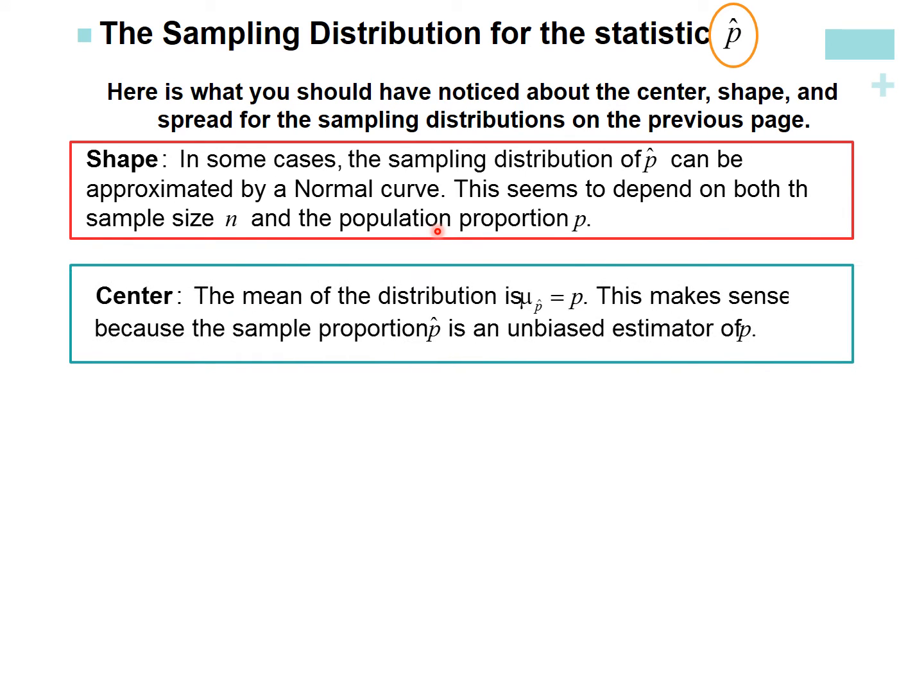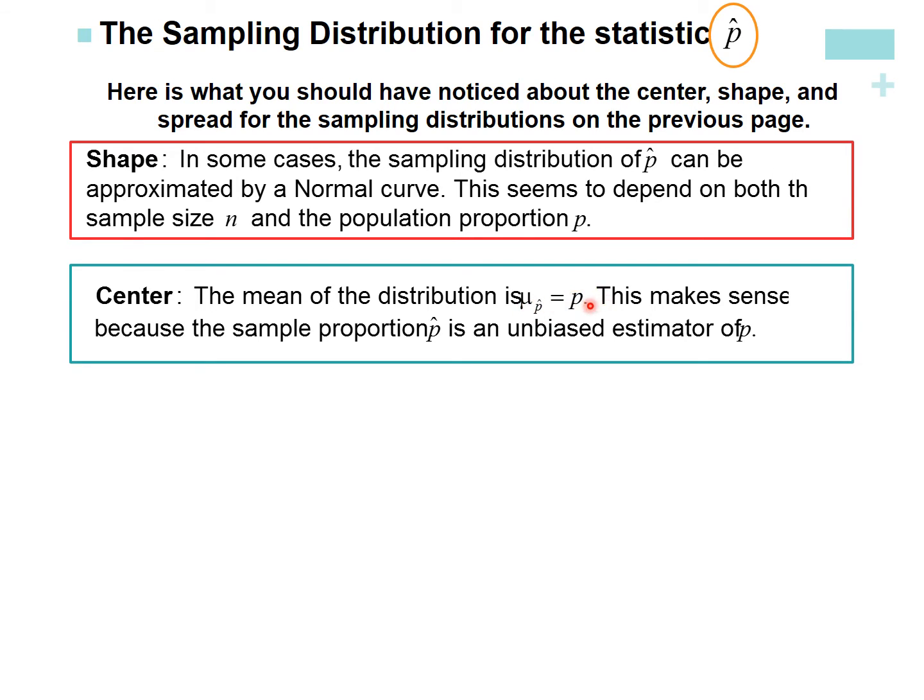Okay, how about the center? The mean of p-hat is the mean of the distribution. The mean of that entire graph is equal to p. So the mean is equal to p.